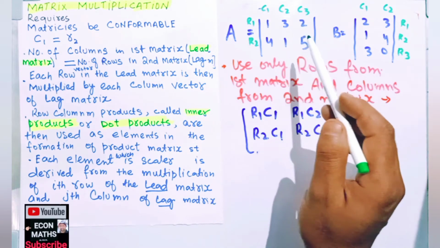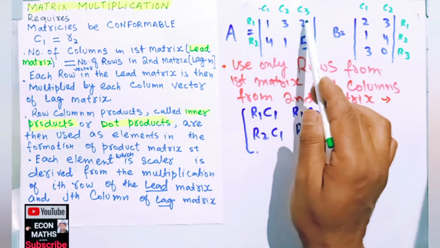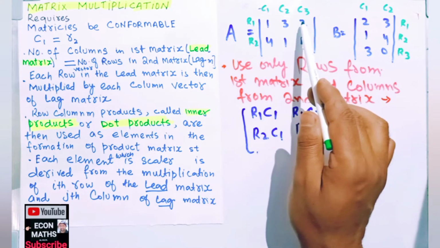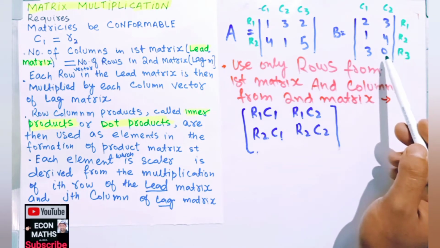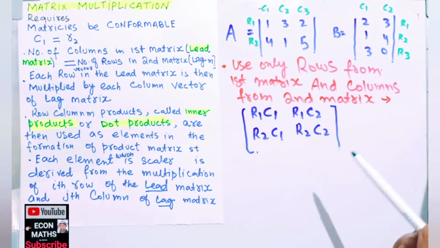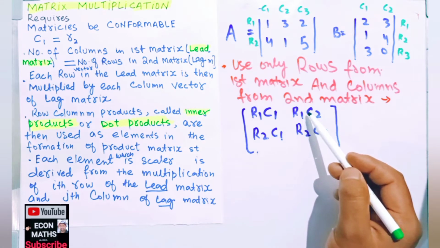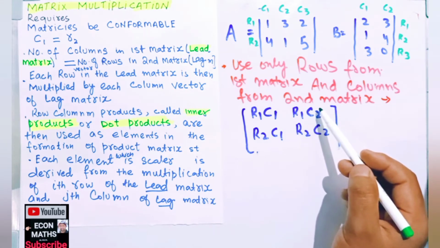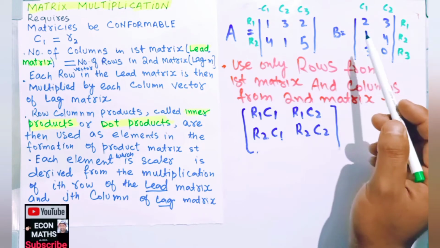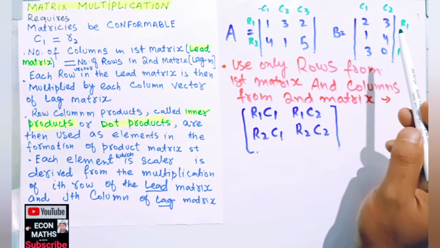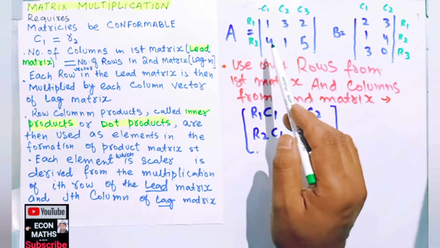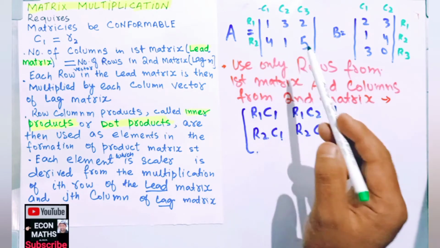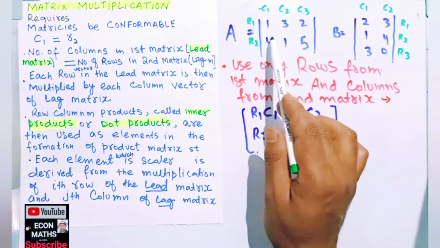After that we take the first row of the lead matrix and multiply it by the second column of the lag matrix to get the second element. Similarly, since there are no more columns left in the lag matrix to be multiplied by the first row of the lead matrix, we will move to the second row.